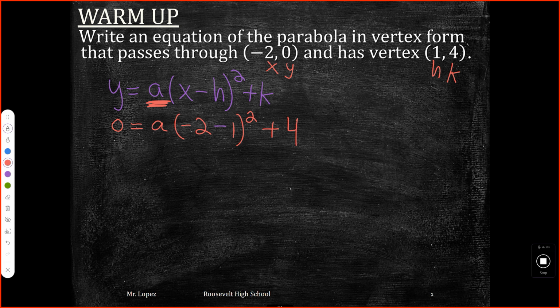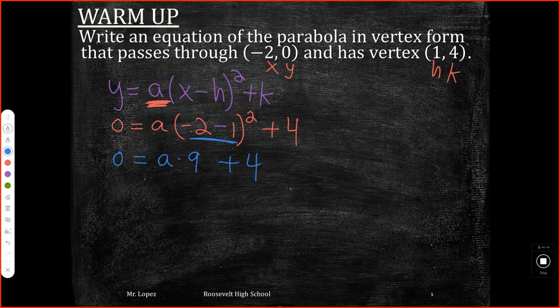So we have the variable a that we can solve for. So 0 is equal to a times (-2 minus 1), which is -3. So then we got -3 squared is 9. So I've already done two things here. I multiplied by 9 here and then added 4.